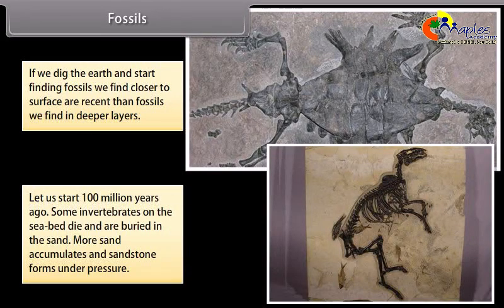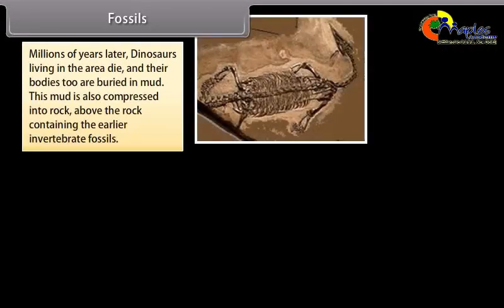Some invertebrates on the seabed die and are buried in the sand. More sand accumulates and sandstone forms under pressure. Millions of years later, dinosaurs living in the area die and their bodies too are buried in mud.